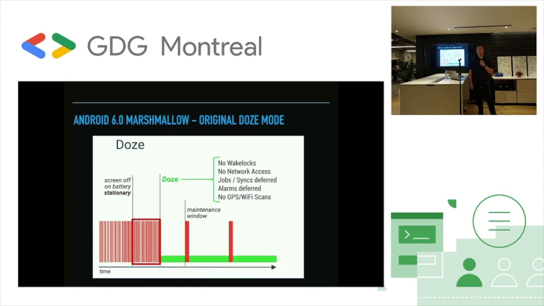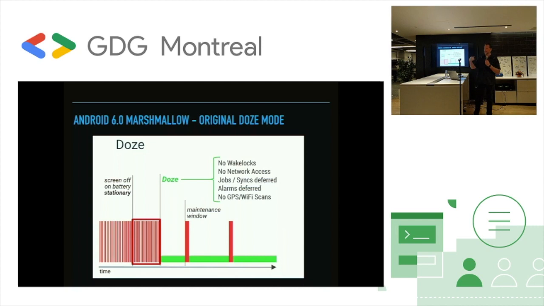But after a certain amount of time, it starts that batching up that I was telling you about. And you can see here, no wake locks, no network access, all the deferred stuff, and also no GPS scanning, because that's also using radio. So when it's in that little green bar, that's when it's saving your battery.